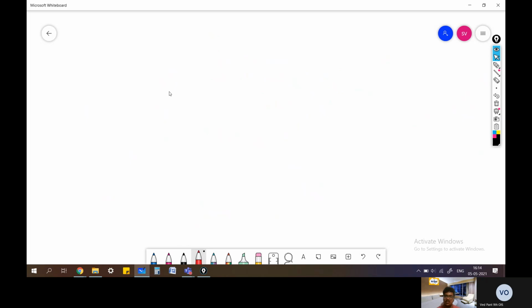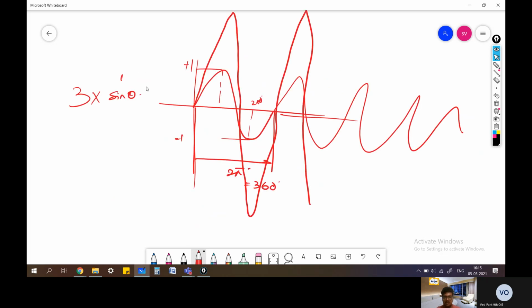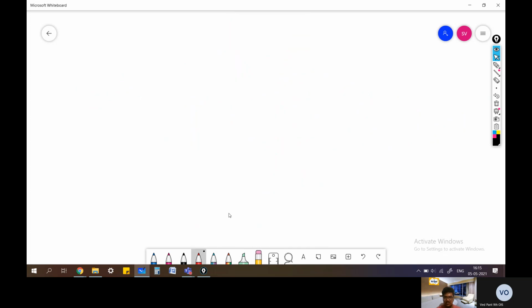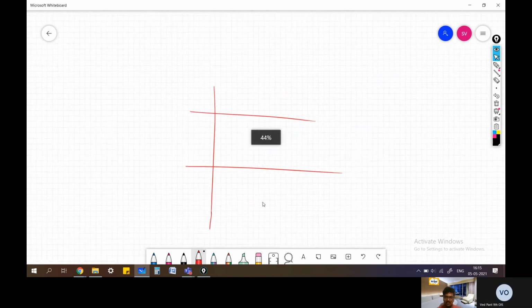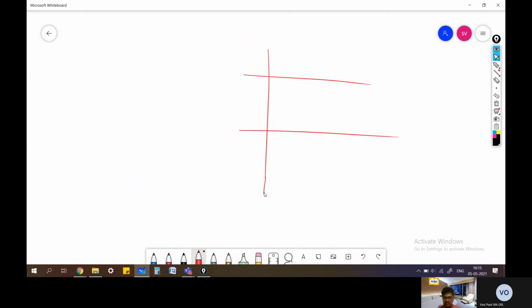So by pi, you just mean 180. If I say this is sin theta, it will go maximum 1 and minimum minus 1.